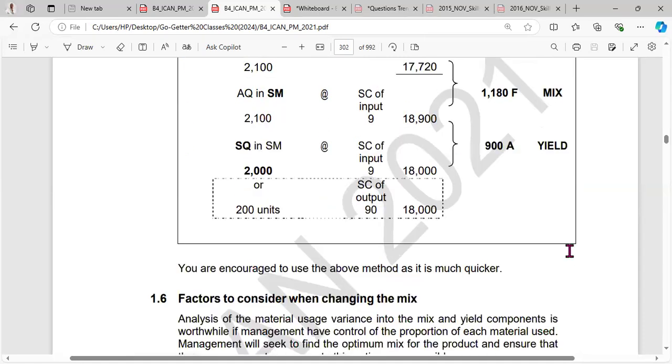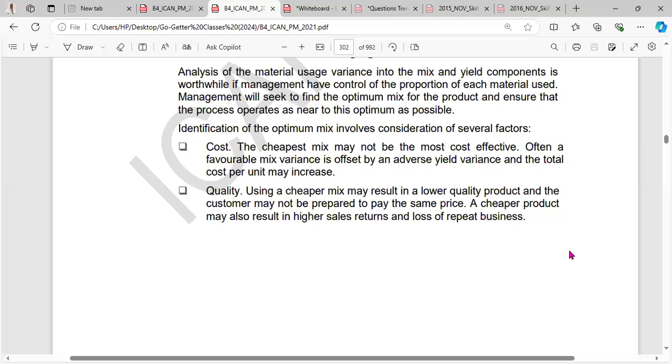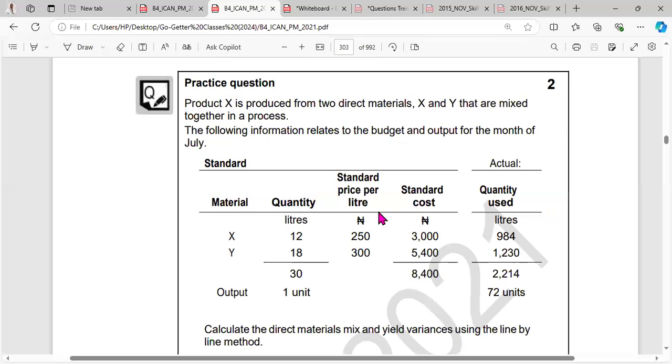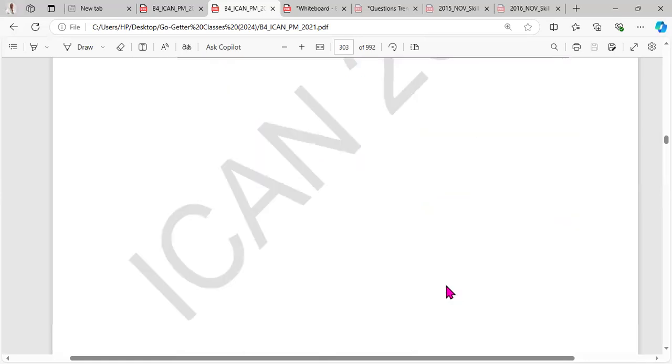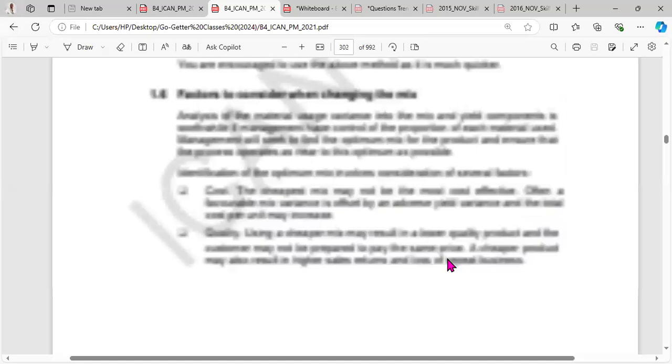Okay, maybe we should use practice question 2. We should use that same method for practice question 2. So let's adopt this method in question number 2. They say calculate the direct mix and yield variance using the line by line method.